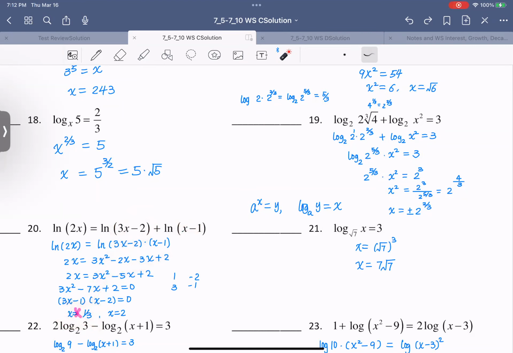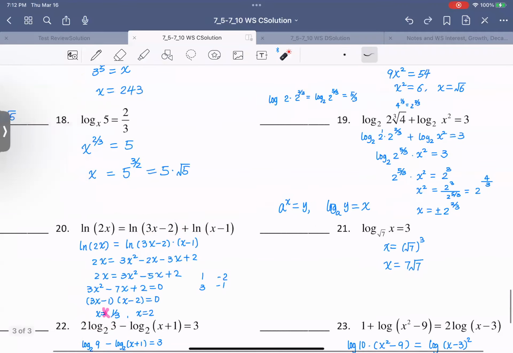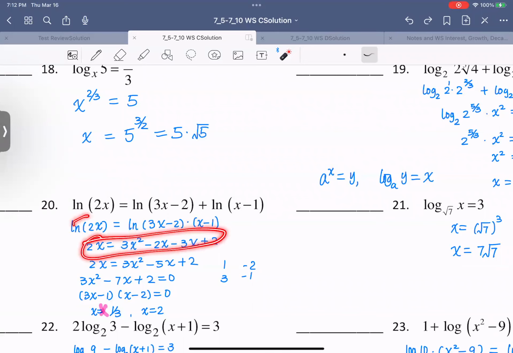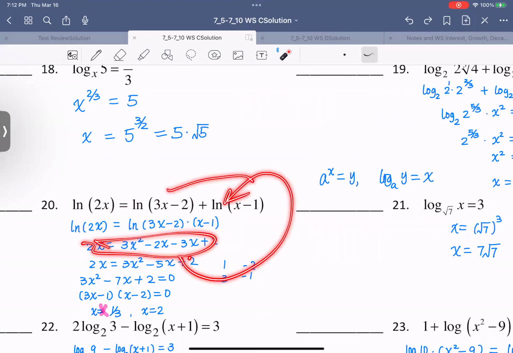This is not possible. You will delete it because this is the original equation. The original equation has to satisfy the domain. But when you change this to this quadratic equation, they are not identical. You can use this to solve, but you have to put it back to check, to confirm.